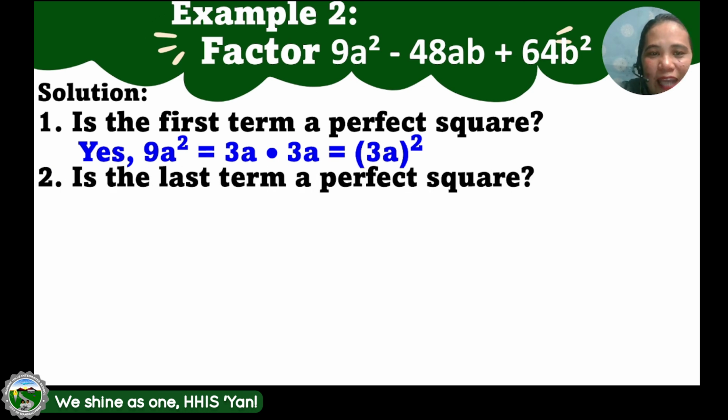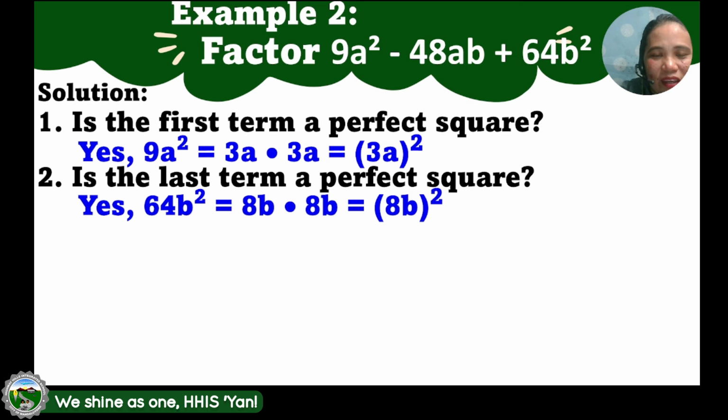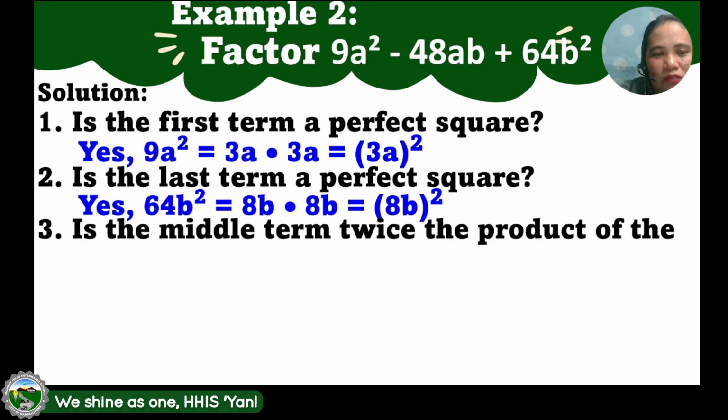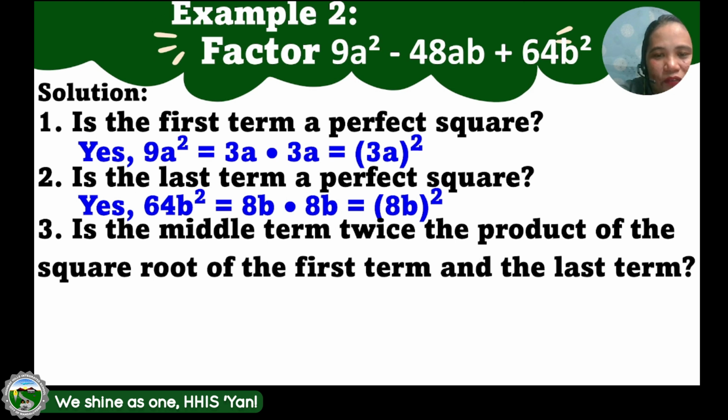What about the last term? Is 64b squared a perfect square? Yes, because when you multiply 8b times 8b, that is 64b squared, which is also equal to the square of 8b. What about the middle term? Is the middle term twice the product of the square root of the first term and the last term?